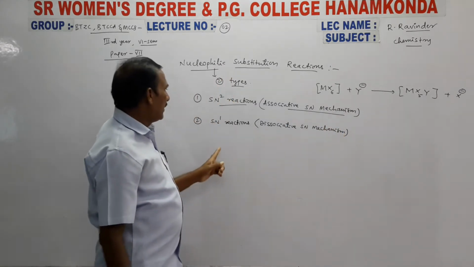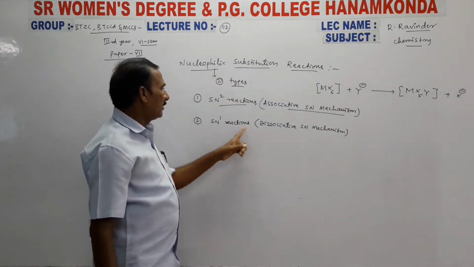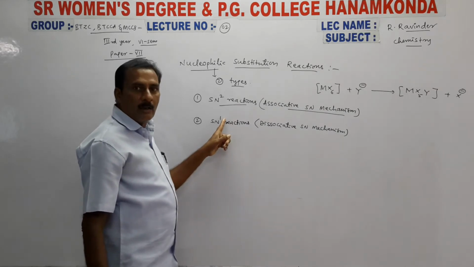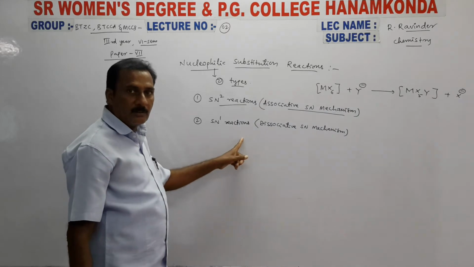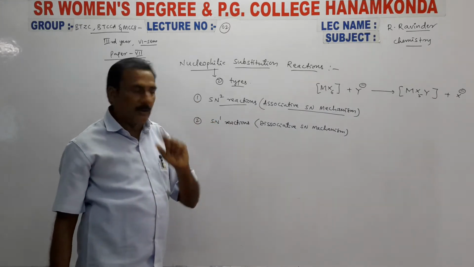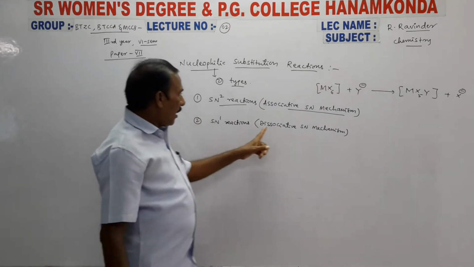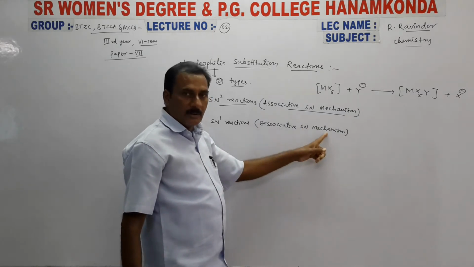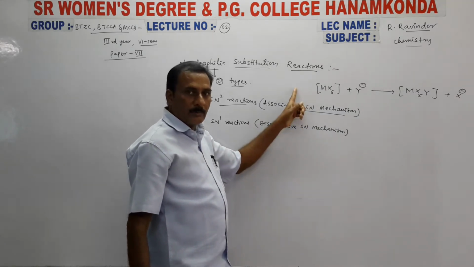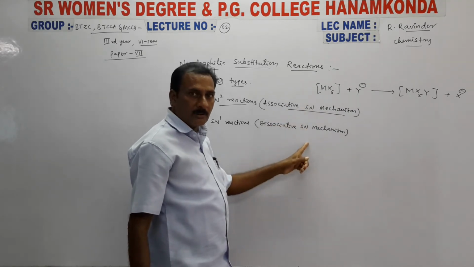The second one is the SN1 reactions, unimolecular nucleophilic substitution reactions. Unimolecular means only one. These are the dissociative nucleophilic substitution mechanism.